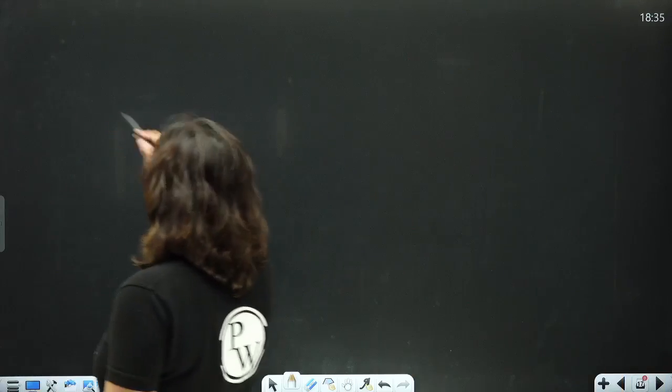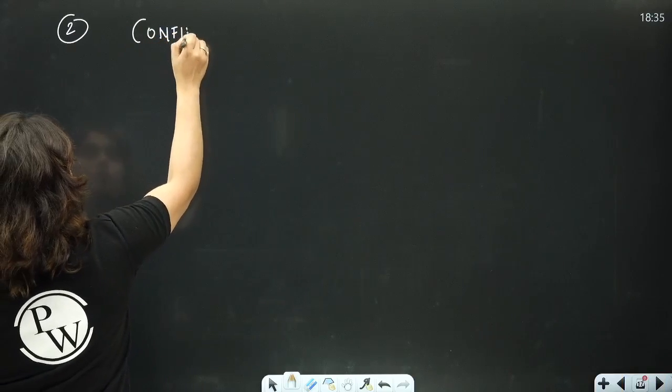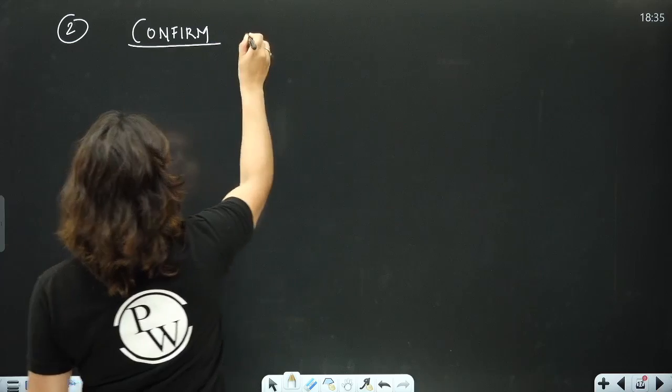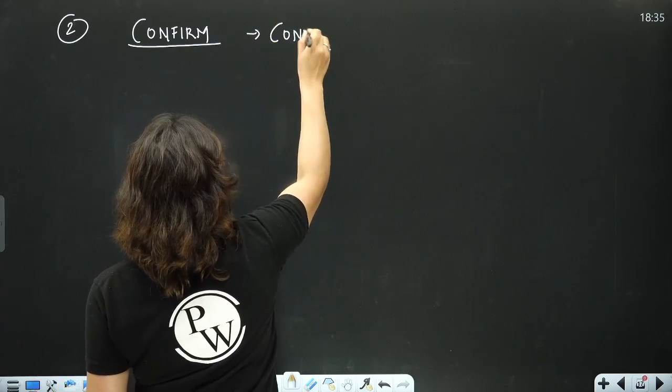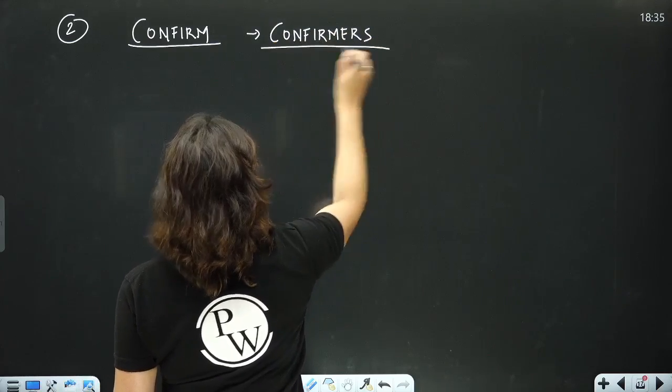Then the second one comes, the conformers. Those organisms who conform are called conformers.